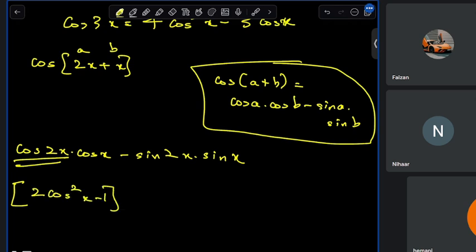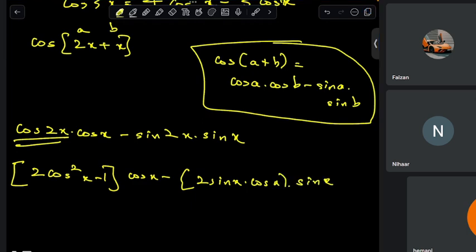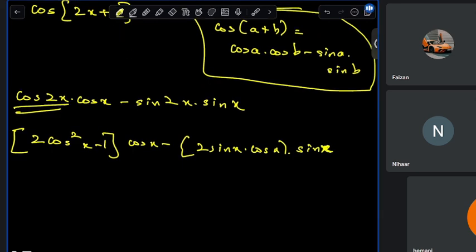And cos x, copy paste it. Sin 2x, the only formula we know here is 2 sin x cos x, correct? Dot sin x as it is. I meant to say the only formula for sin 2x which is relevant here.